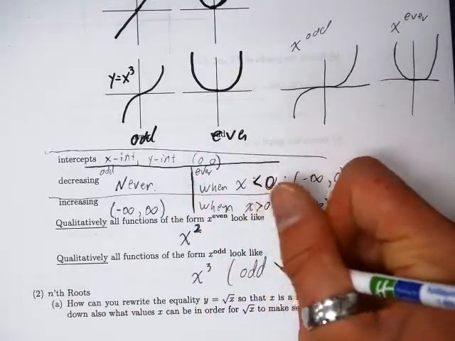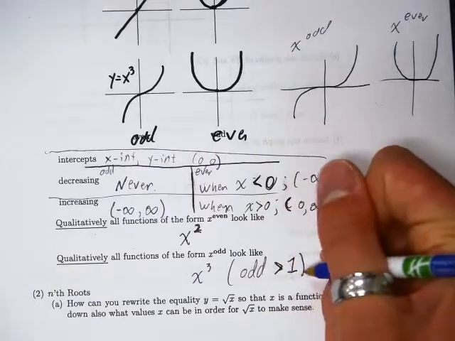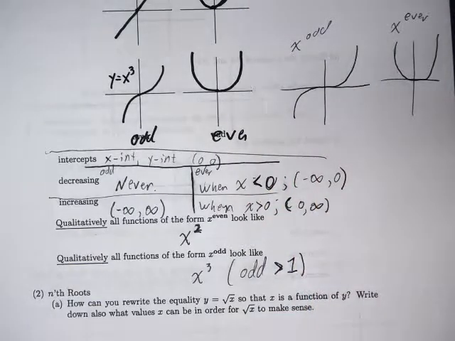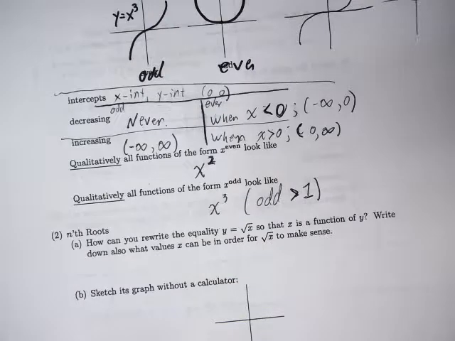I guess as long as that odd number is bigger than 1. X to the power 1 really does look different. It doesn't have that wiggliness. So there's the first bunch of functions that are now in your toolkit of functions that you should just know. If I ask you for the graph of x to the 6th, you should be able to qualitatively draw a graph without doing anything.